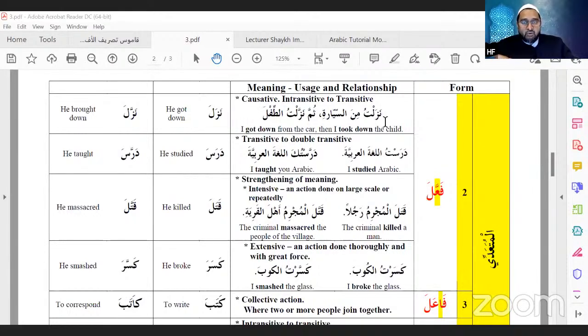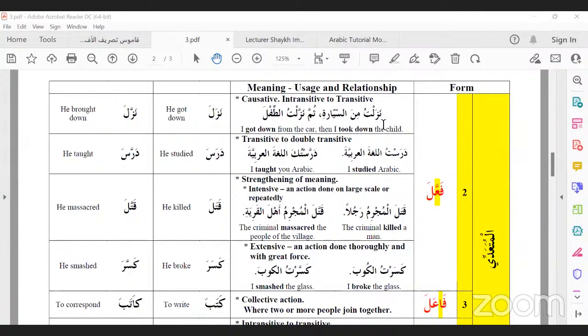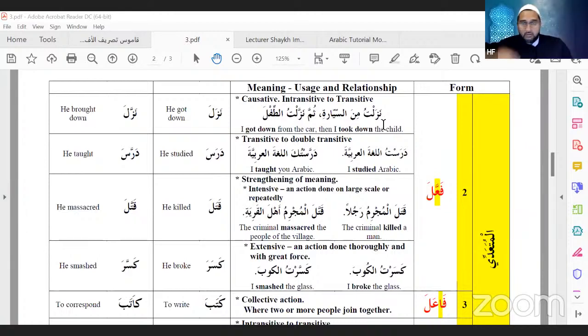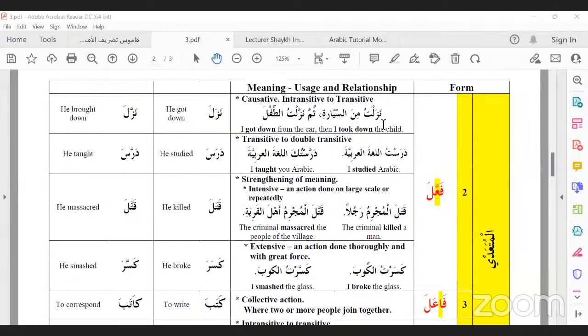Let's read the example in Arabic and translate. Go ahead, sister. نزلت من السيارة ثم نزلت الطفلة. The translation is: I got down from the car, then I took down the child.